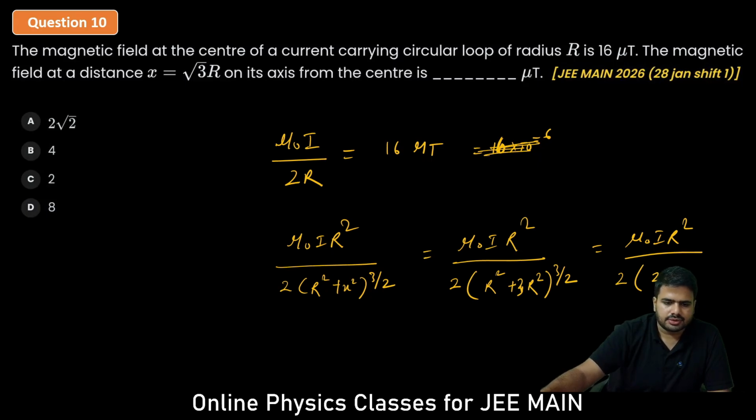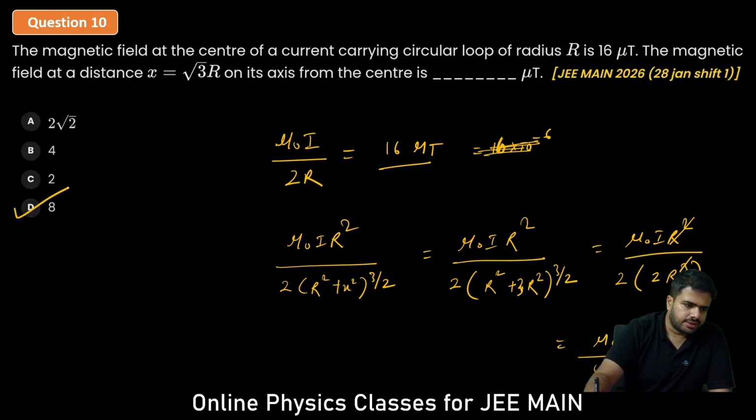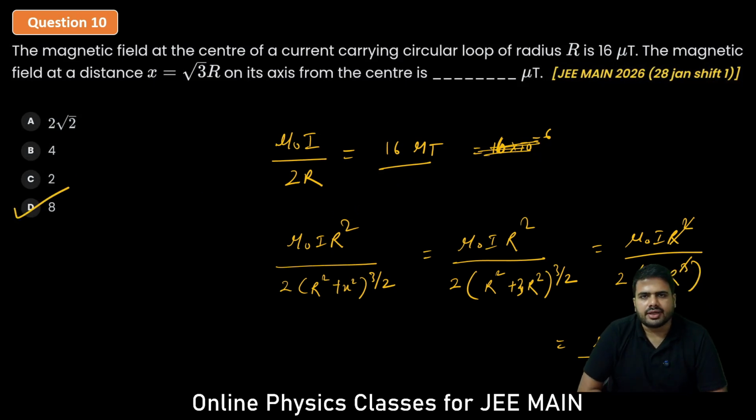How much will we get? 2r cube, so this is squared and here this gets cancelled. We are getting mu naught I by 4r. So mu naught I by 2r is 16. Mu naught I by 4r means an extra 1 by 2 multiplied in. So 8 will be the right answer.